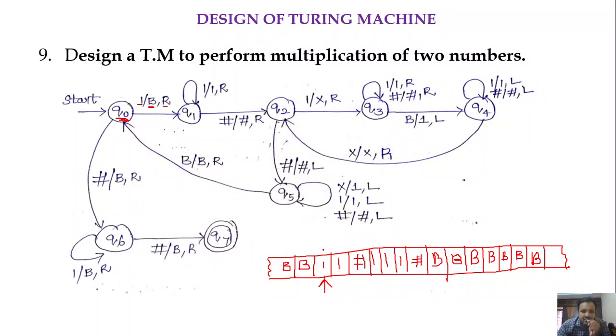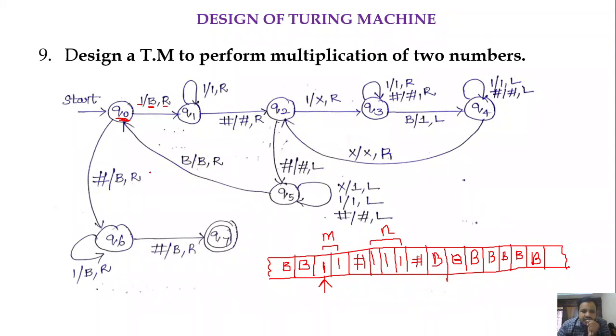This is the portion that we are calling M. In this M, for each one, we have to copy this N into the result portion. So for the first one in M, we have to copy these three ones into the result portion, where we have the blanks.